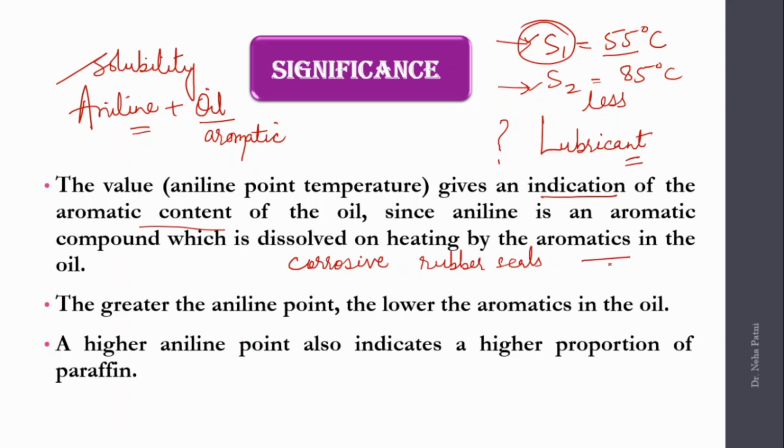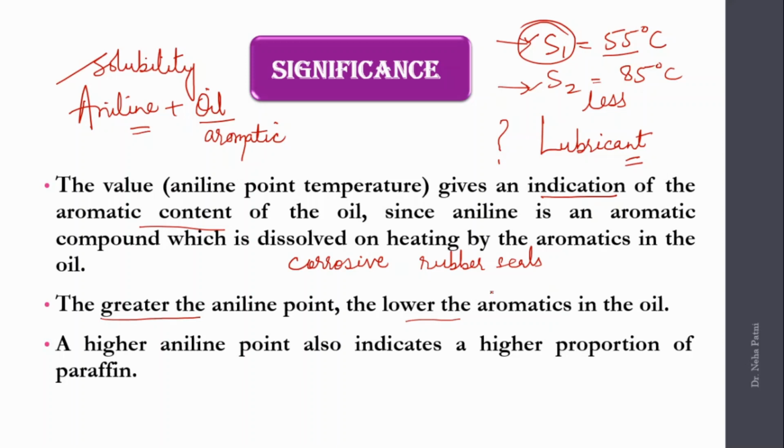Let's say you apply an oil here and connect a rubber tube here, it's going to corrode that rubber seal. Normally in packaging industries, it is checked first whether it is corrosive or not, whether it contains aromatic content or not. So the first inference is aromatic content should be less, and with the help of aniline point you'll be able to understand. So the greater the aniline point, the lower the aromatic content.